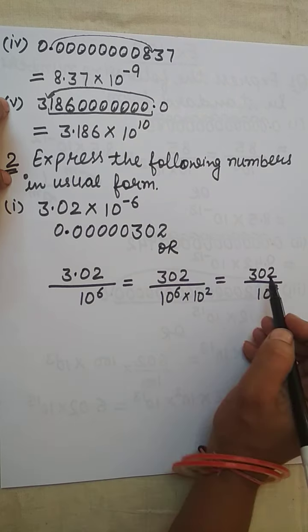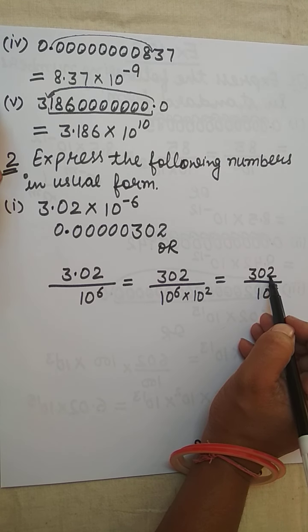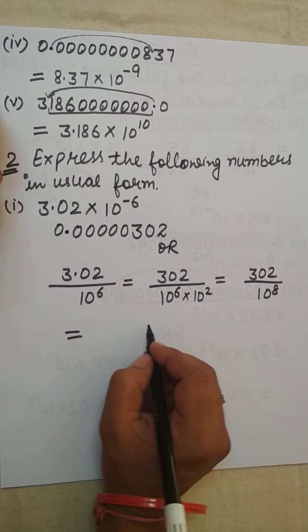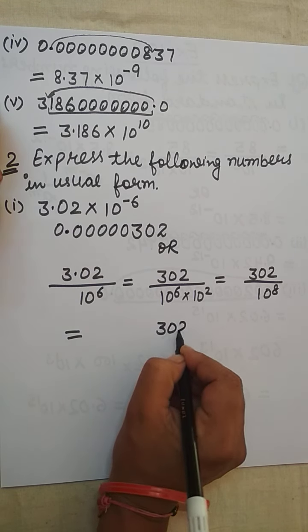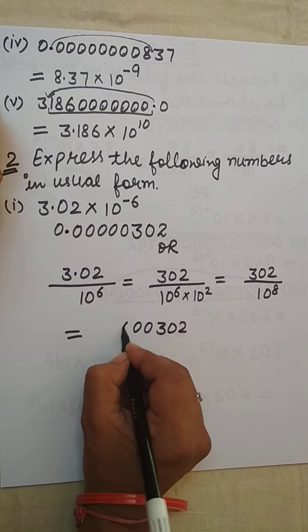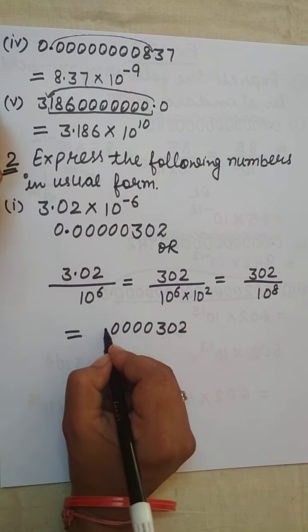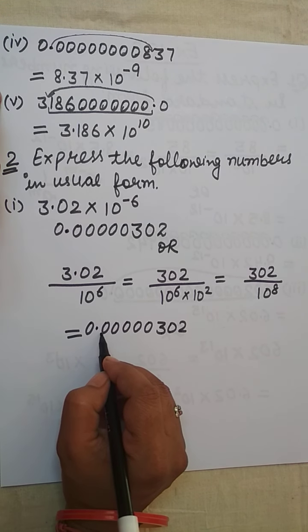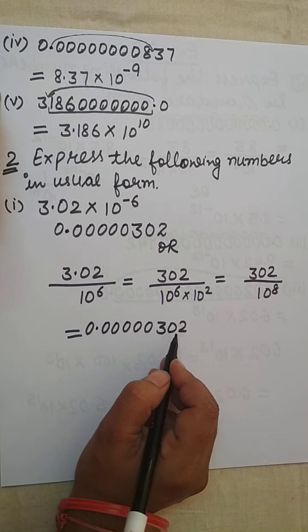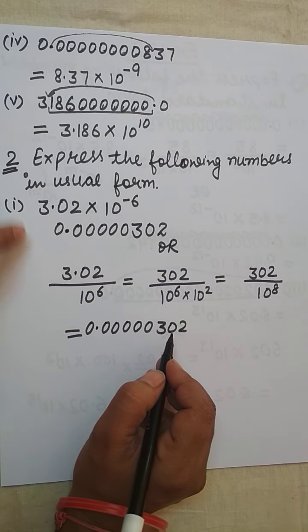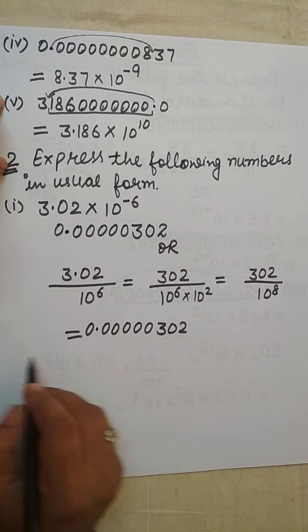It means I will count 8 digits from this to the left side for putting the decimal. So it can be written as 302, 1, 2, 3, 4, 5, 6, 7, 8. Now again the answer is the same, 0.000302 is the answer. These are the two ways to express the given standard form in the usual form. You can choose any one of them.